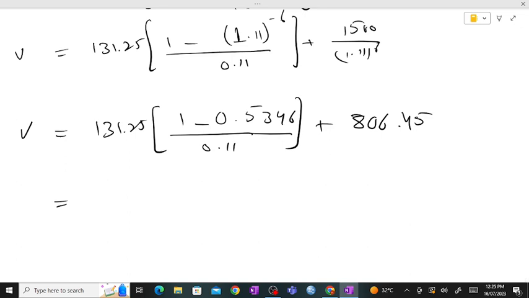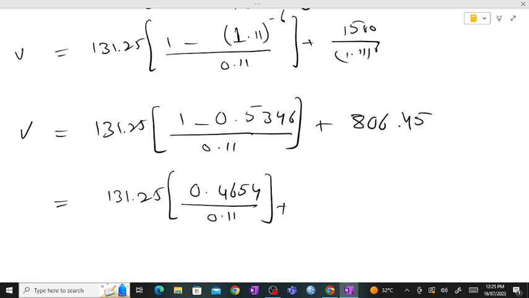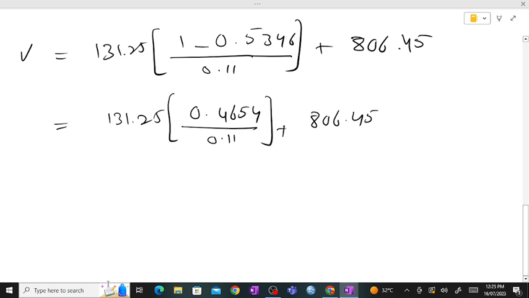Then 131.25 times 0.4654 divided by 0.11, plus 806.45, and how much will we get?